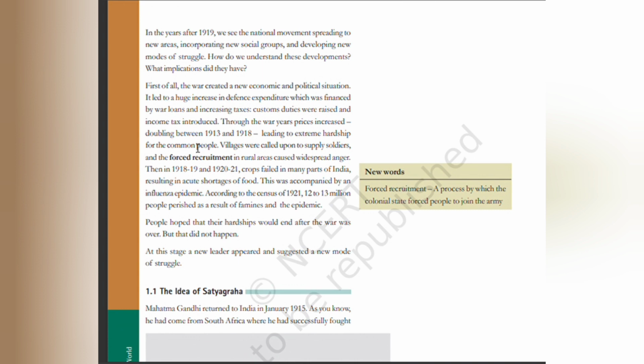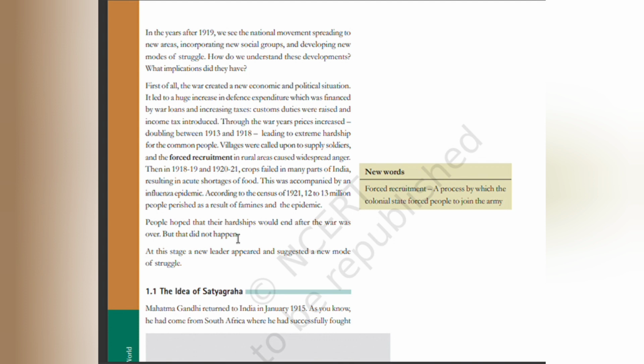Then in 1918-19 and 1920-21, crops failed in many parts of India, resulting in acute shortage of food. This was accompanied by an influenza epidemic. According to the census of 1921, 12 to 13 million people perished as a result of famines and the epidemic. People hoped that their hardships would end after the war was over, but that did not happen.